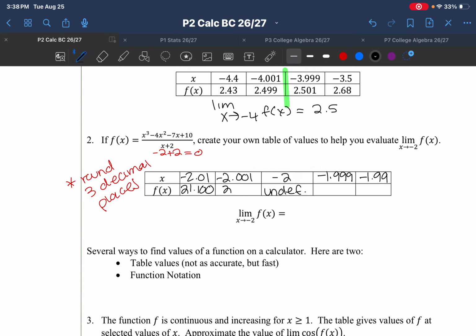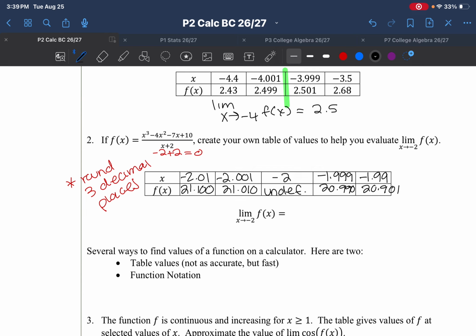Then I got 21.010, and then I got 20.990, and then 20.901.